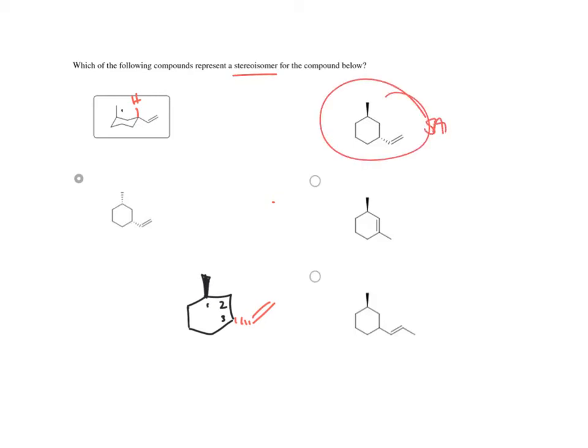This is the same compound. What's the carbon count? We have C6, 7, 8, 9. How many hydrogens do we have? 1, 2, 3, 4, 5, 6, 7, 8, 9, 10, 11, 12, 13, 14, 15, 16. Okay, so there's our molecular formula.